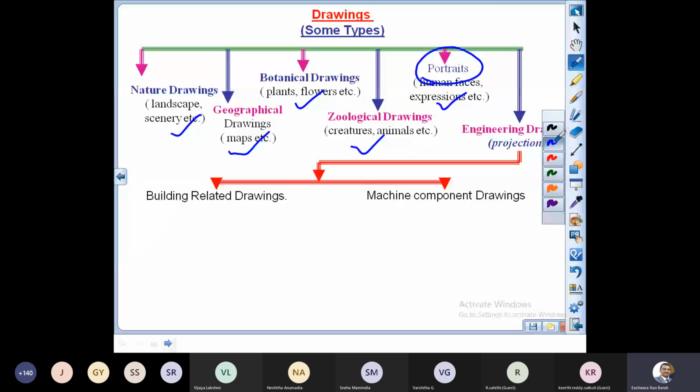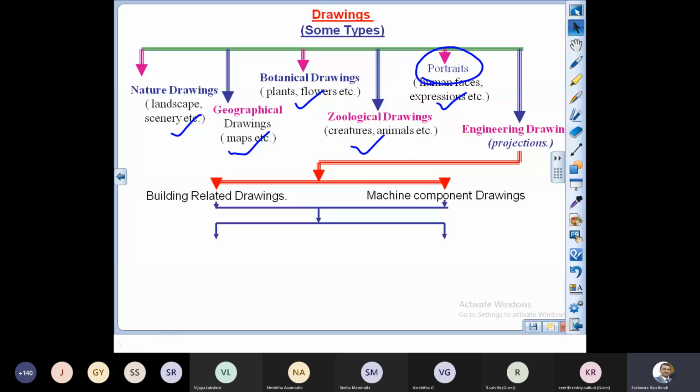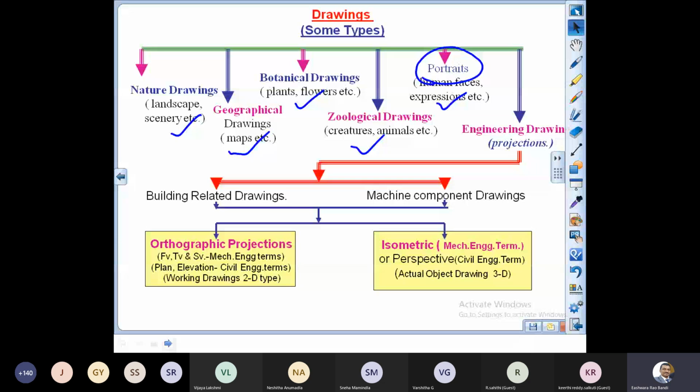Now see here, how many types are there in buildings or machine component drawing? The orthographic projection and isometric projection. These are the two different types.